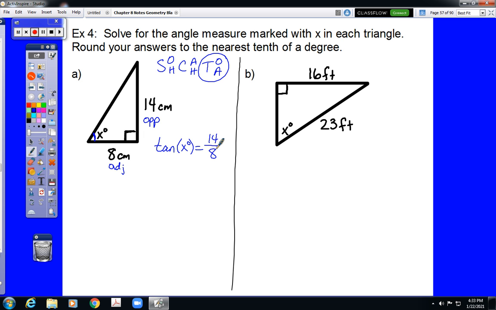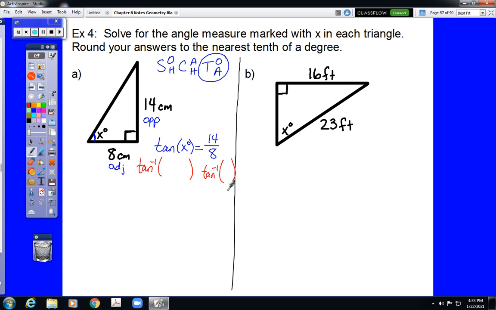Now remember that when we solve an equation, we're trying to get the variable by itself. So we need to get rid of the tangent function. Well, to get rid of the tangent function, what we do is we take the inverse tangent of each side.